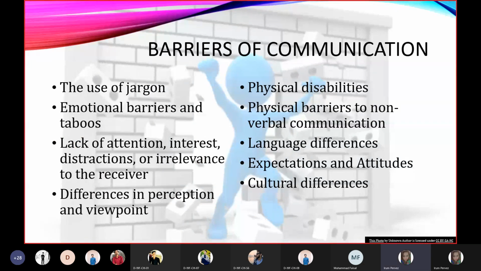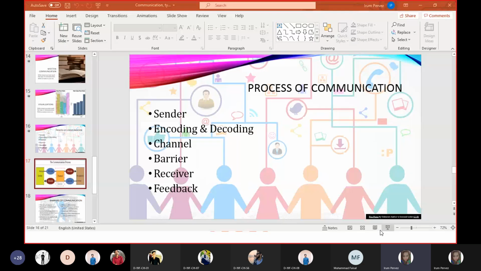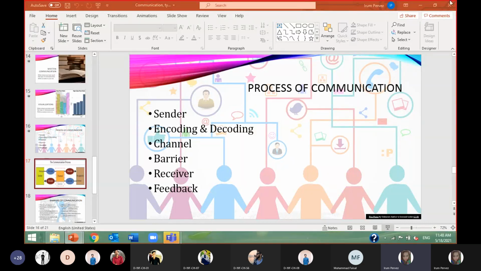Okay, so barriers of communication we would be doing, right. I want everyone to draw this chart. You have read it well. Now please draw this chart onto your notebooks, take a picture and send it.